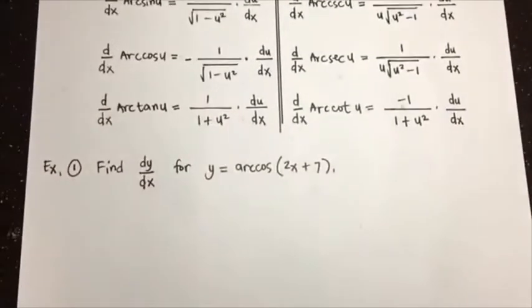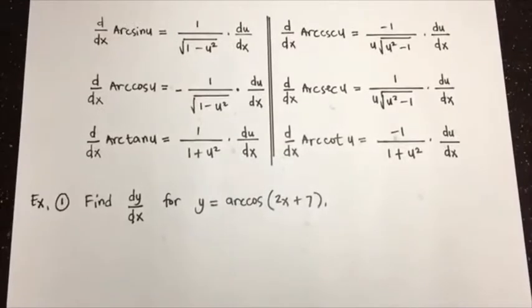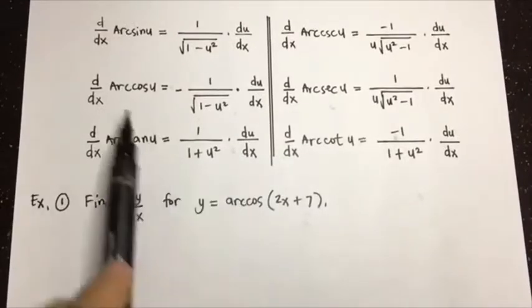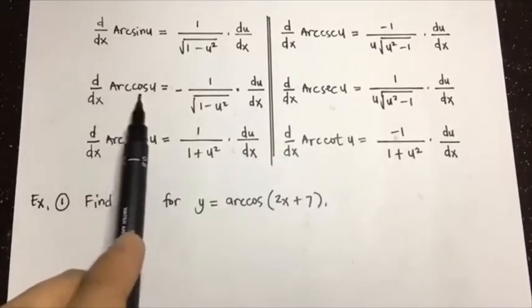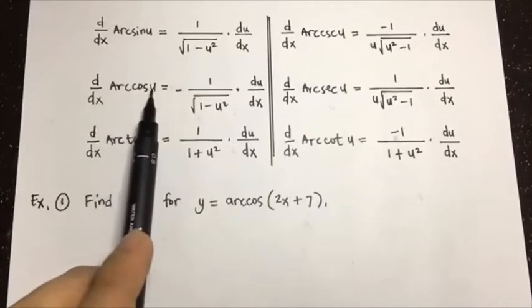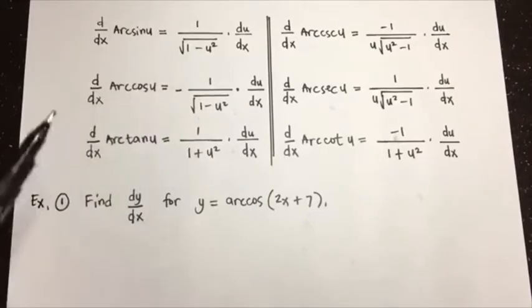Say for example, we have to find the derivative dy over dx for y is equal to arc cosine of 2x plus 7. Obviously this is a direct use of the formula for the derivative of arc cosine of u.